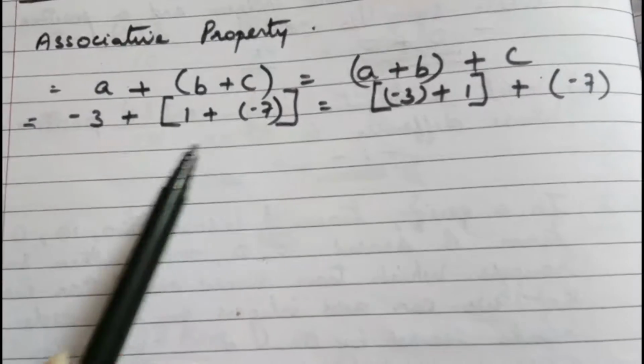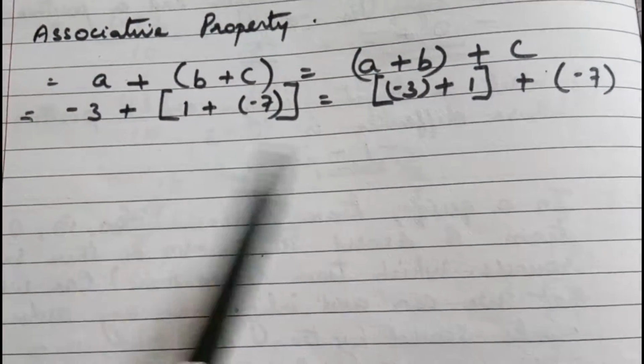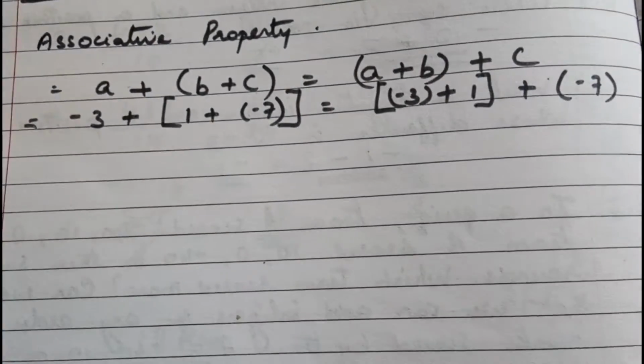Of course, with positive integers it will be the same. That's why I'm just showing you with the negative integers so that we can be clear, and it will be easy for doing the fill in the blanks.